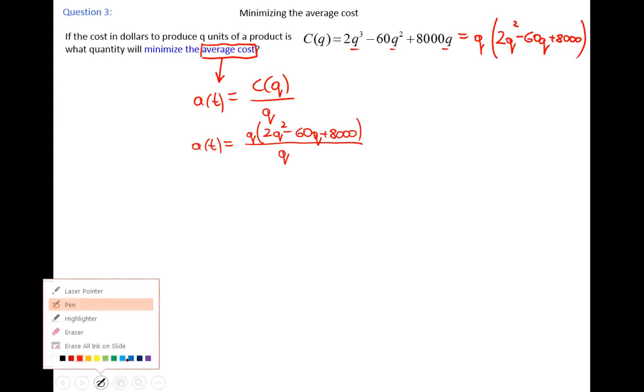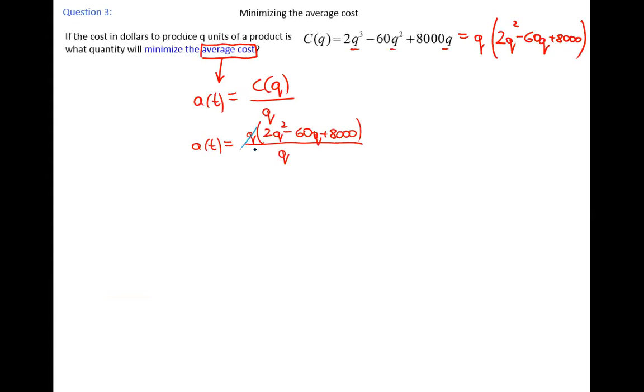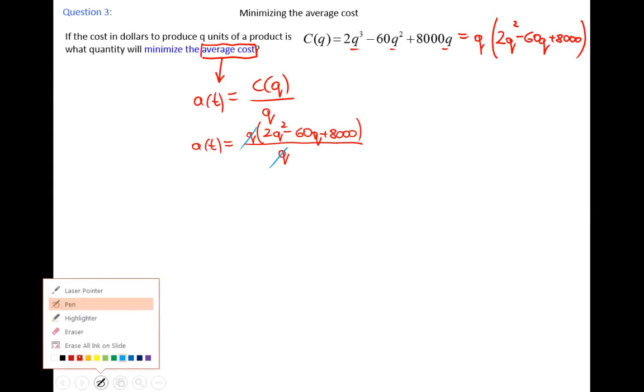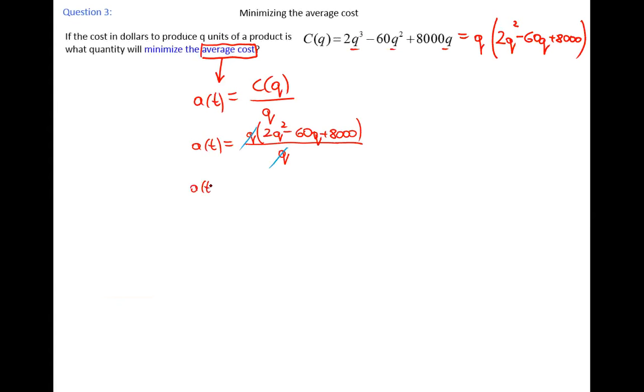Dividing by q, of course, nicely I can cancel out. That means my average cost function looks like a quadratic function: 2q squared minus 60q plus 8,000. Of course, the coefficients are not friendly.